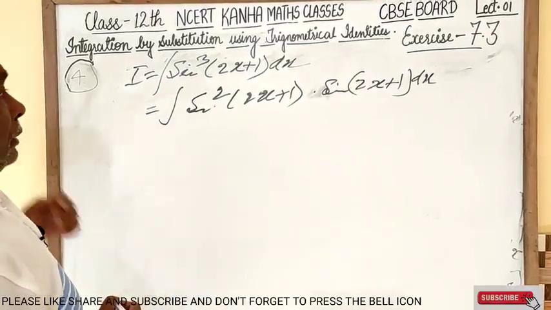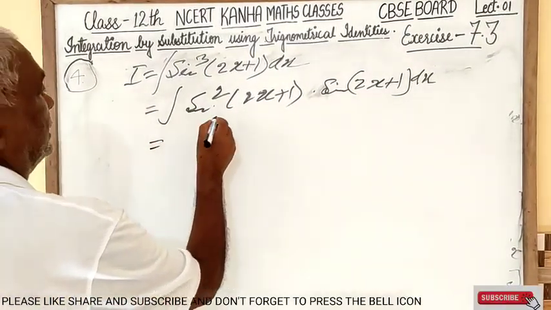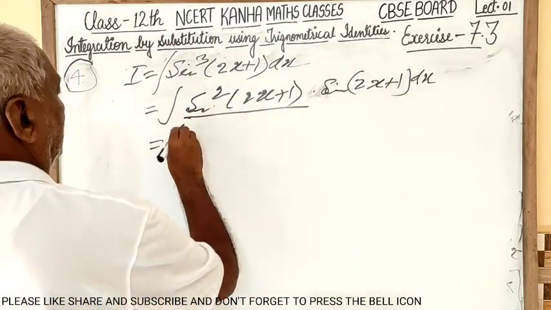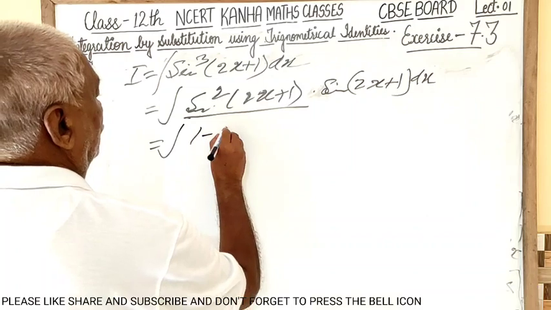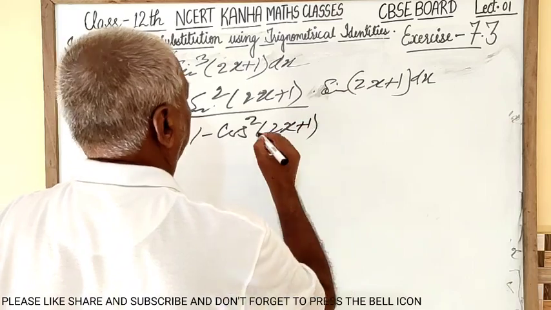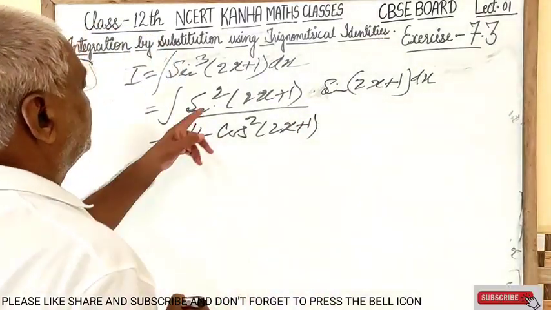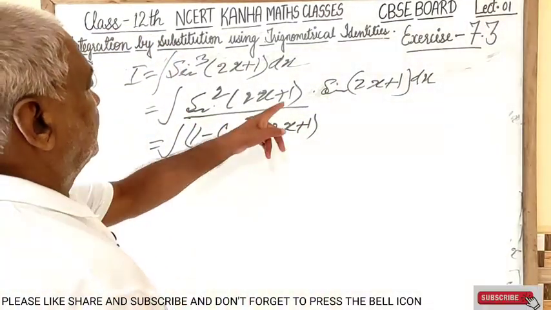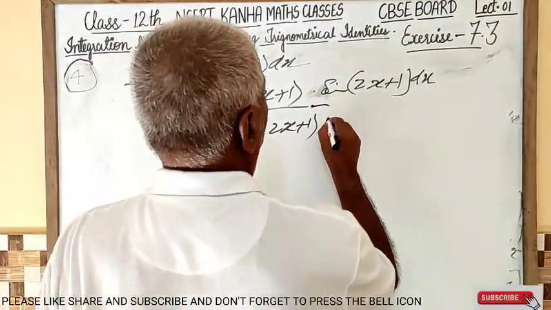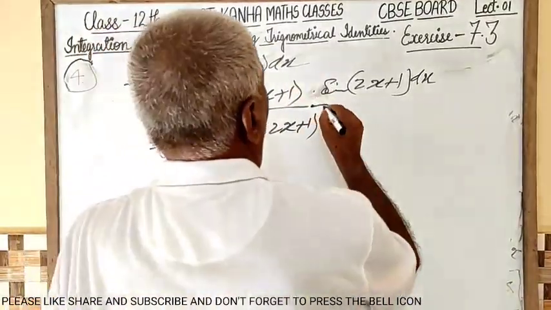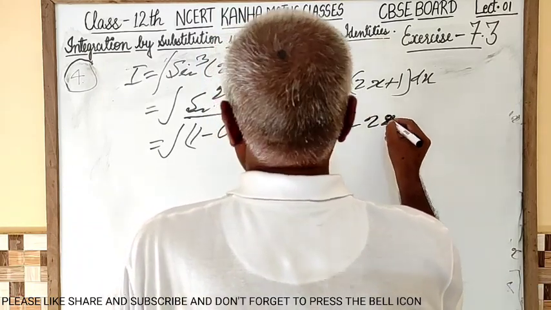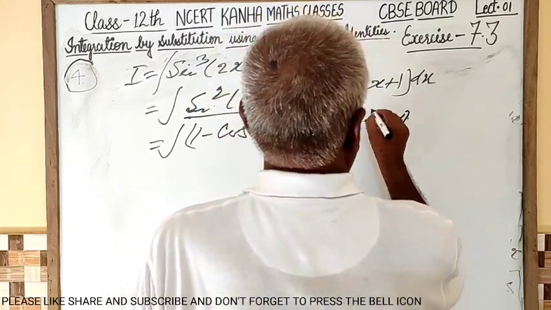Now we may write sin square a is equal to 1 minus cos square a. Hence, instead of sin square (2x plus 1), we will write 1 minus cos square (2x plus 1) into sin (2x plus 1) dx.